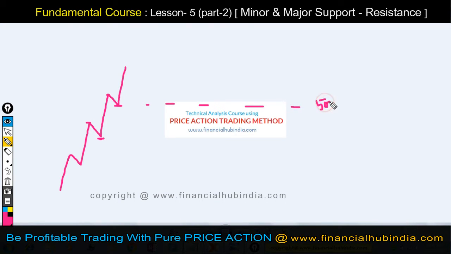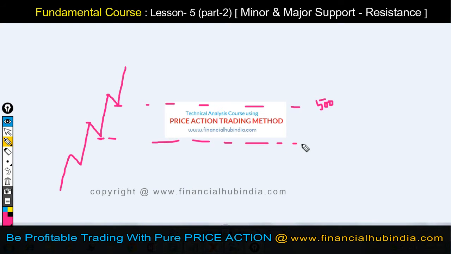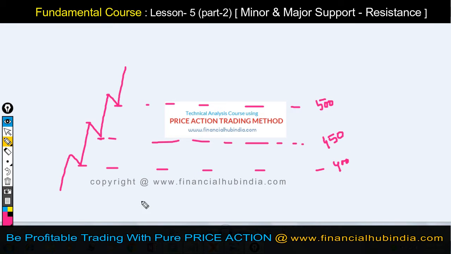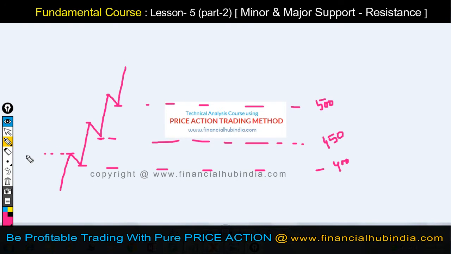Let's say this is a price level of 500, this was a price level of, let's say, 450, and this support was formed in a price range of, let's say, 400. So price goes up and takes resistance at a level of, let's assume, 420.